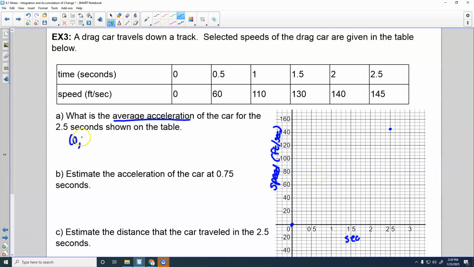Essentially I'm doing 145, technically minus 0, divided by 2.5 minus 0. So definitely use the calculator for this. 145 divided by 2.5 is going to give me 58. I don't mean for that to be the same answer that we got on the last question, but it just happened to be. What would the units for that be? Very good. Feet per second per second.